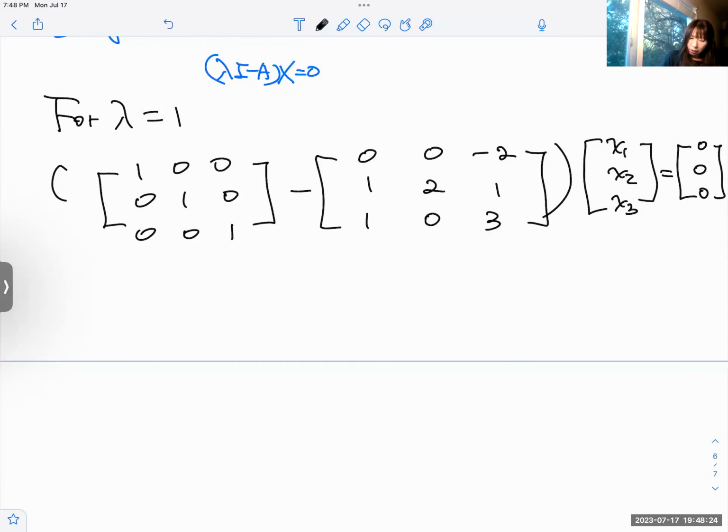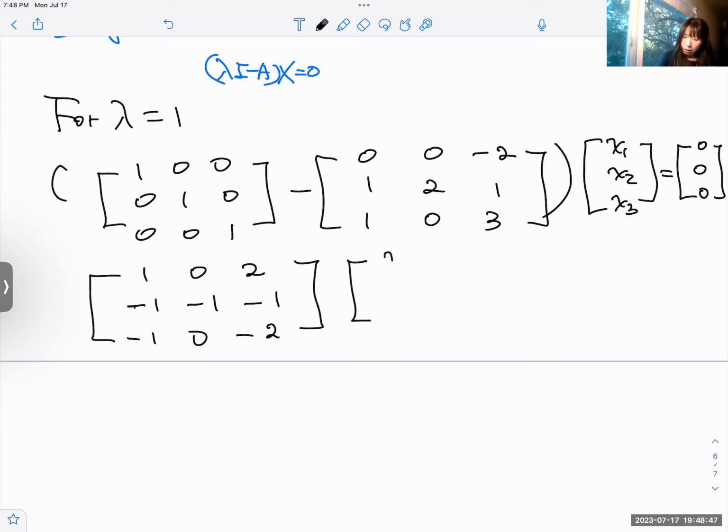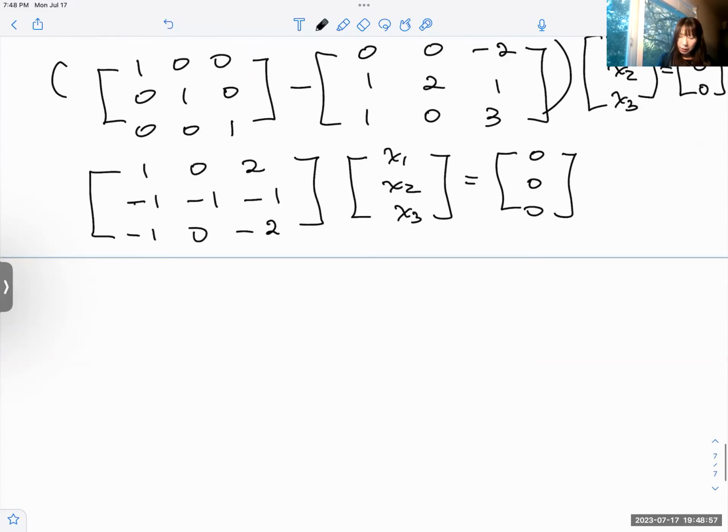Okay, so there will be 1 0 positive 2 negative 1 negative 1 negative 1 negative 1 0 negative 2, x of 1 x of 2 x of 3 equal to 0 0 0.